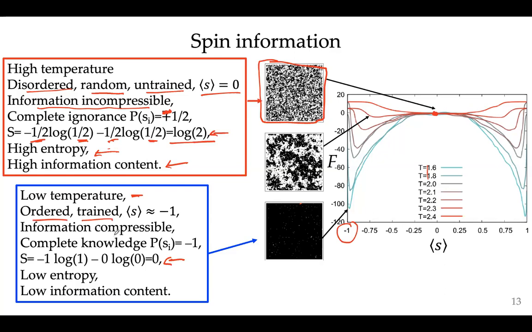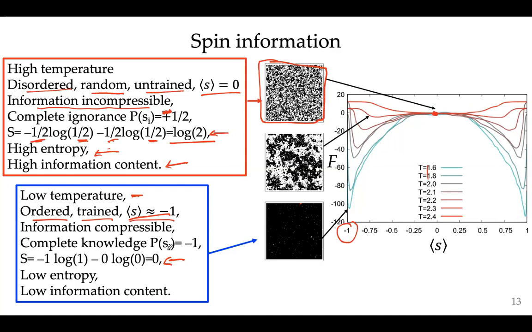So in the sense of machine learning, that's the minimum of the objective function. And there is this order parameter, magnetization, as -1. So the information here is compressible, because if everything is down, you know that all the spins are down. You don't have to know each spin individually. You can say, okay, all the spins are down.